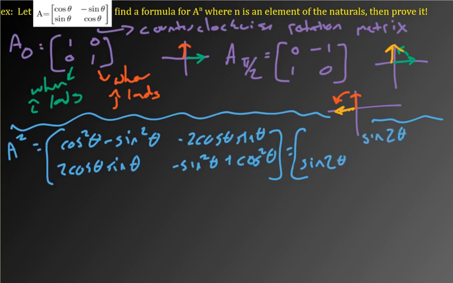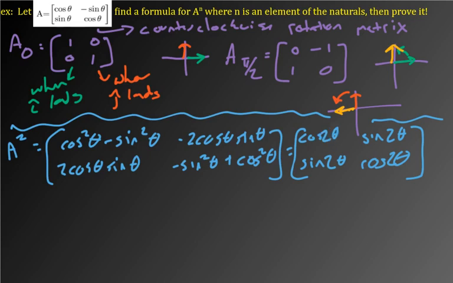And then this is also a trig identity, the way you usually see it, the cosine 2 theta one. So this is cosine 2 theta, cosine 2 theta. And this shouldn't really be surprising, because all we've done is rotate by the angle twice if we do A squared. So that's what 2 times the angle is.